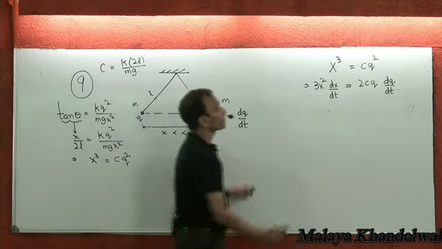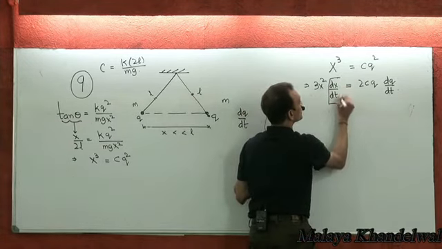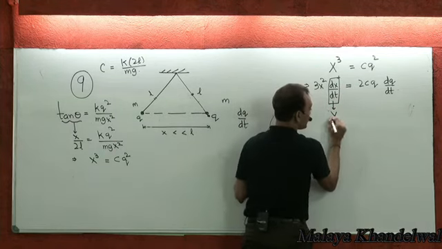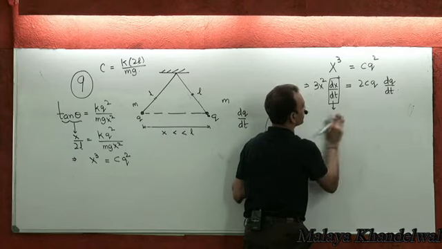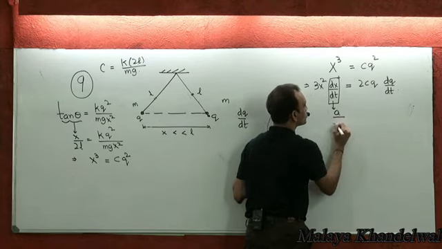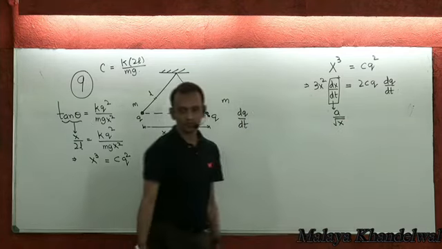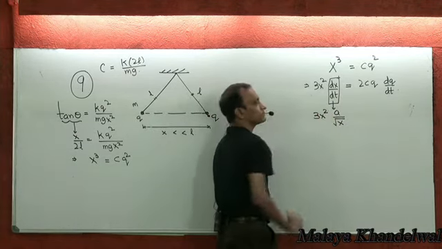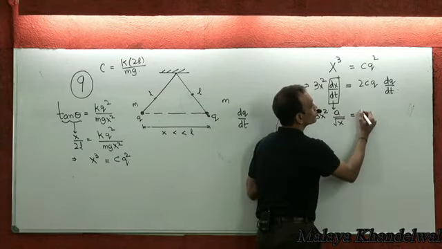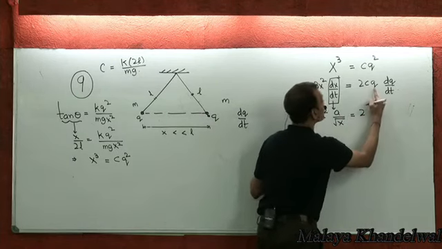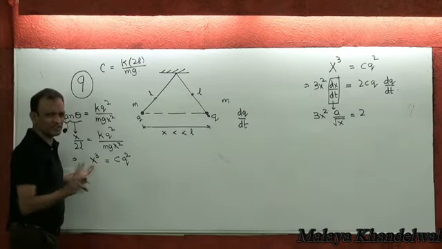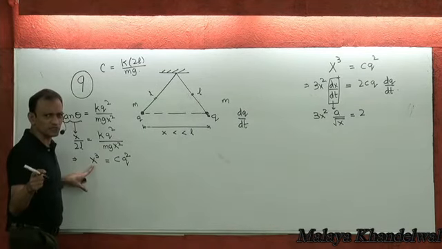Dx dt can be replaced by a by root x. That's the relative velocity of approach, into 3x squared is 2c times q times dq dt. I need to write everything in terms of x, they want everything in terms of x.